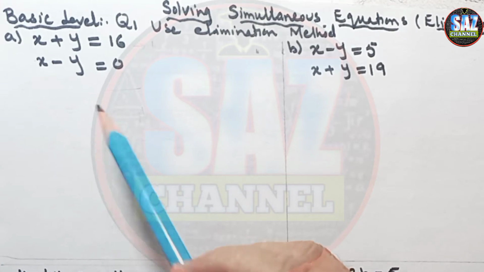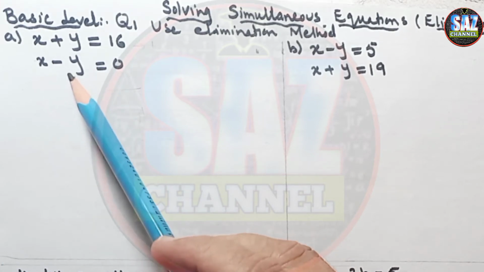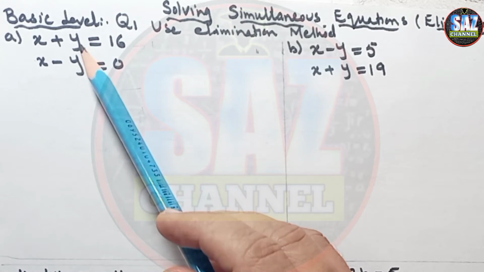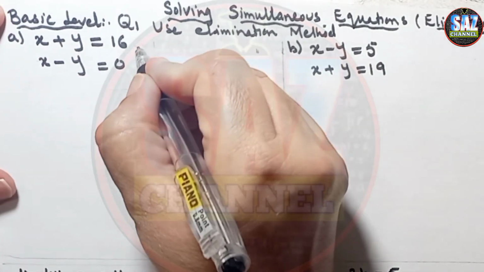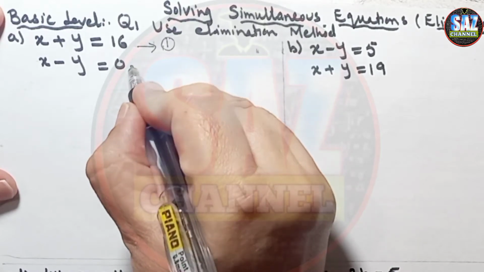Now, if we recall the previous lesson, there was a technique that said to observe the coefficients of both the variables: same coefficient, opposite sign. The rule is we have to add up these two equations to get rid of one of the variables. It's better to mark the equations, so this is equation 1 and this is equation 2.